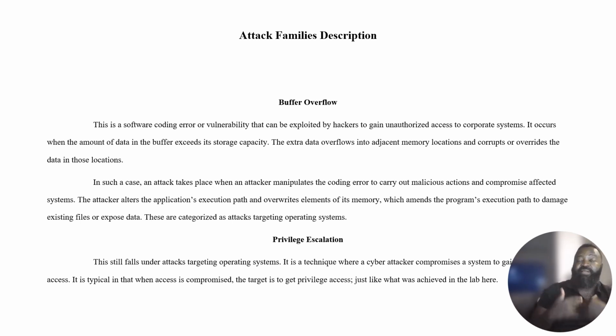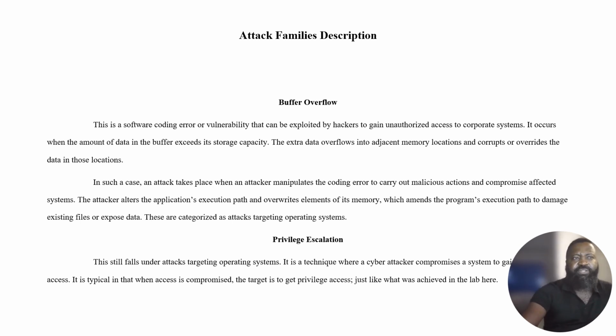So attackers can use buffer overflow to exploit vulnerabilities. An attack takes place when an attacker manipulates the coding error to carry out malicious actions and compromise affected systems. The attacker alters the application's execution path and overwrites elements of its memory, which amends the program's execution path to damage existing files or expose data. These are categorized as attacks targeting operating systems.